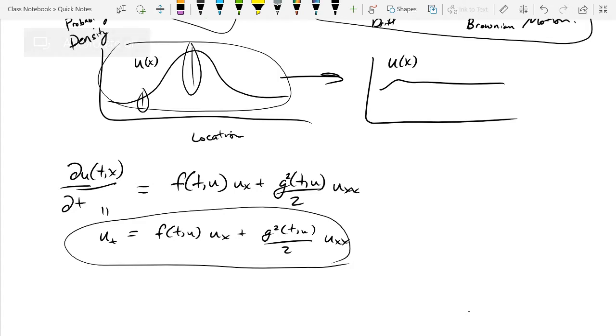Okay. Oops, forgot that I broke my eraser here. So normally you see it like this.